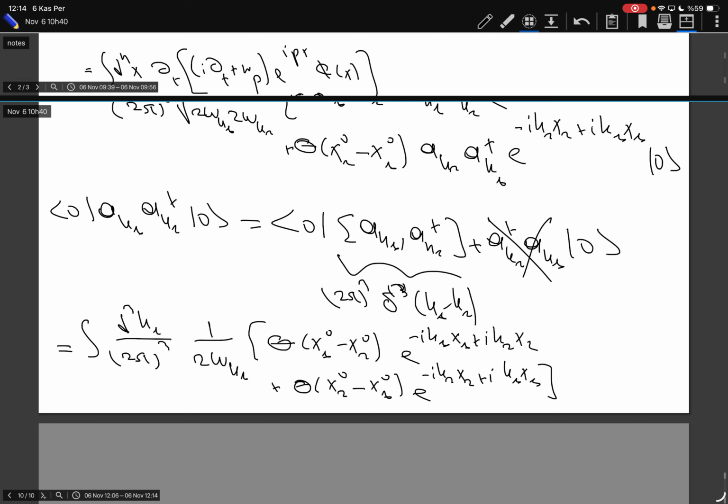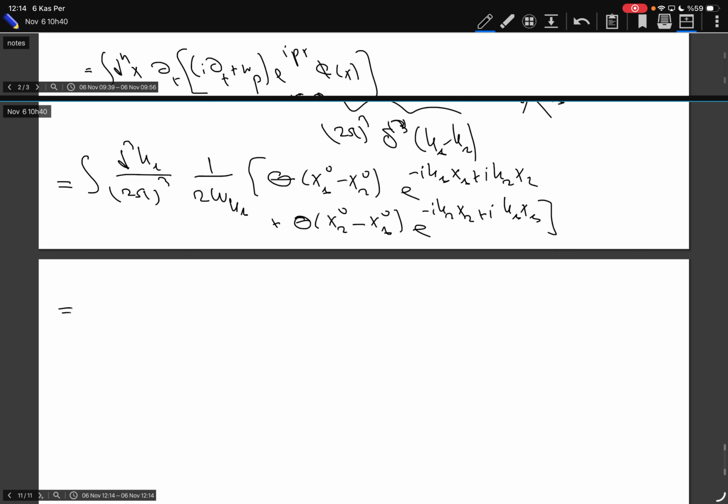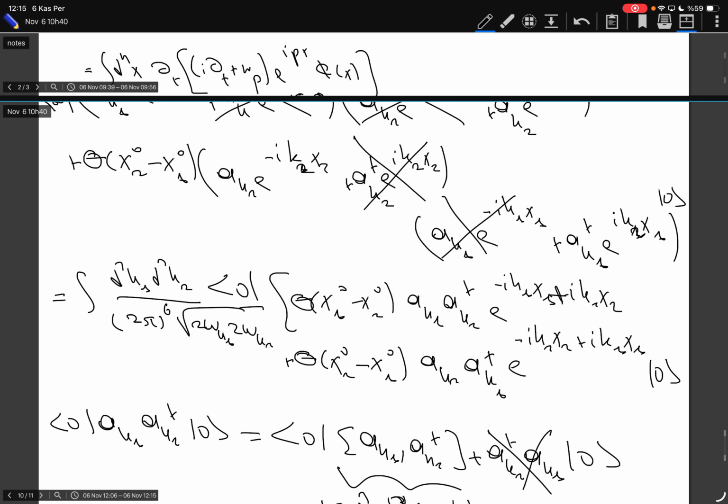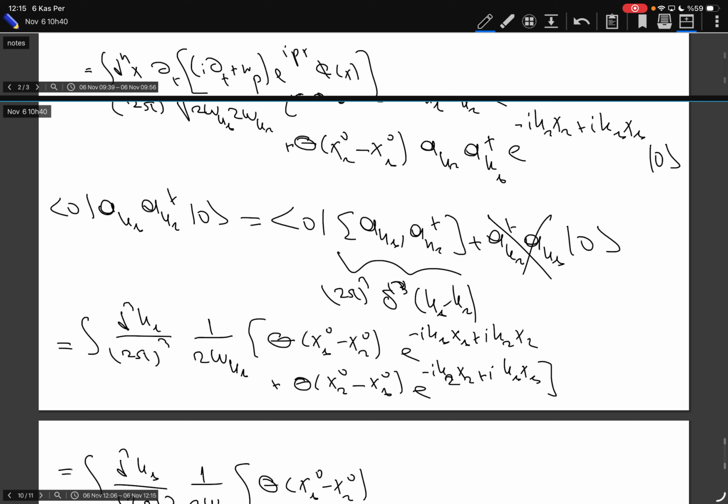Well, let me write those exponents also explicitly. If you see a mistake, please let me know. K1 and K2 will be the same, sorry.